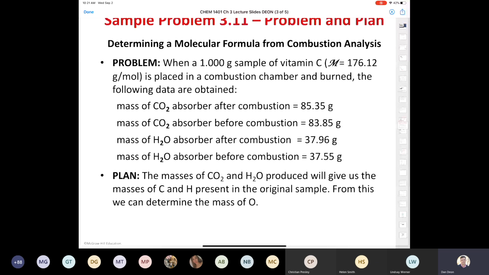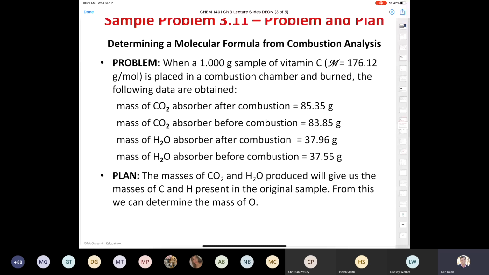So basically, you burn the sample of vitamin C, and in your absorber, before you started, it weighed 83.85, and then when you're done, you have 85.35. So the difference in mass here, if you take 85.35 and subtract 83.85, I was reading this wrong.